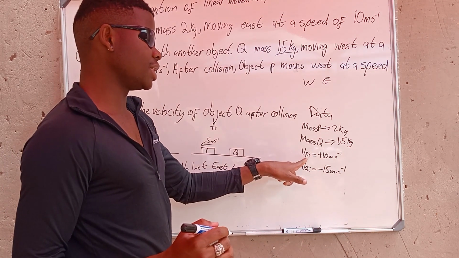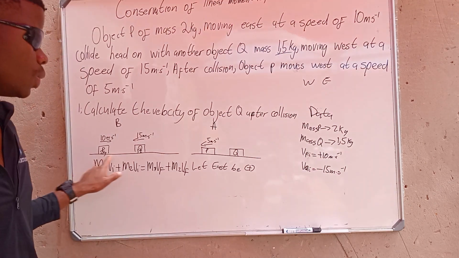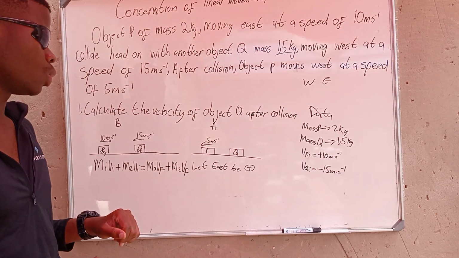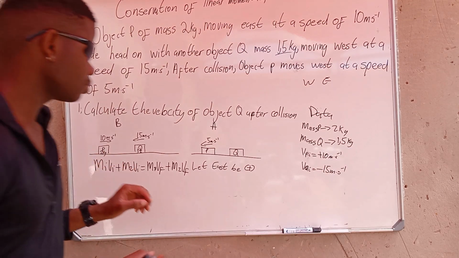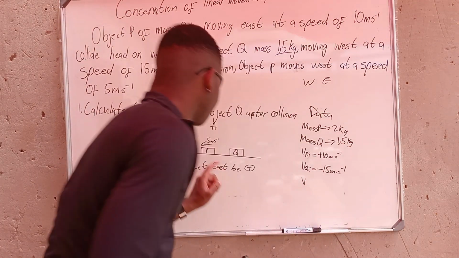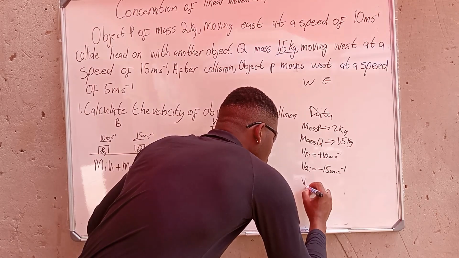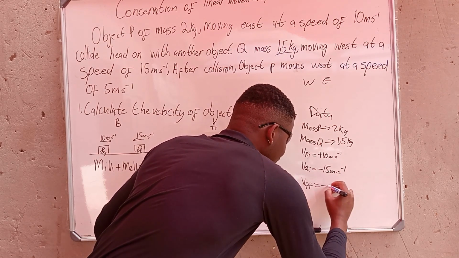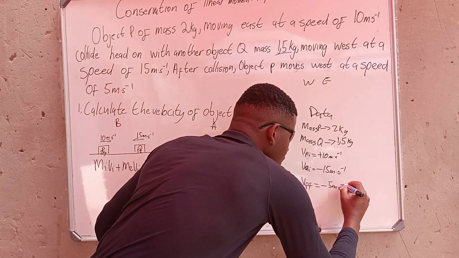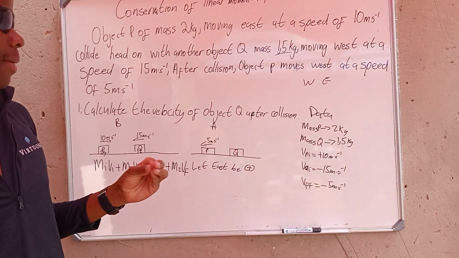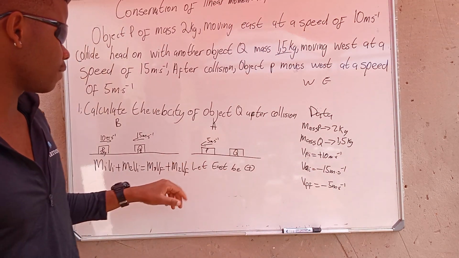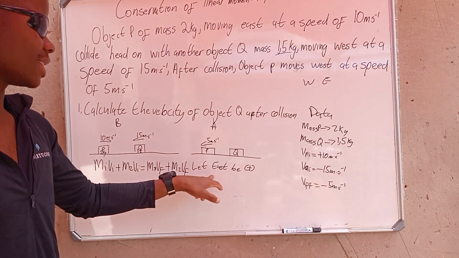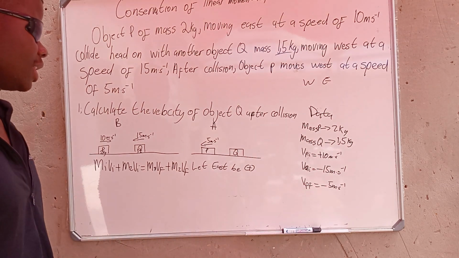Then we'll write the final velocity for block P, which is negative 5 meters per second. Why did I write negative 5? Because it is moving westward, and I assigned my direction as let east be positive.